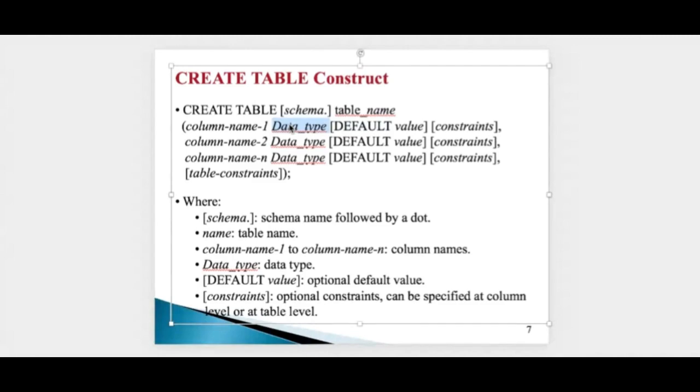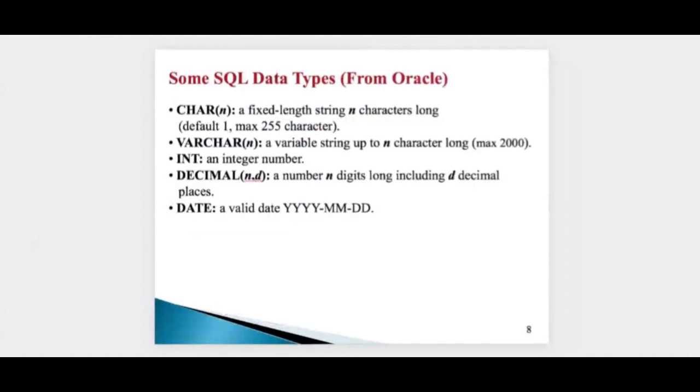So we must mention it very clearly when we are creating table, that in each column what type of data we will be storing. So the question comes here, what can be different SQL data types that we can declare in creating our tables? Here are some data types from SQL which are usually used when you are creating tables.